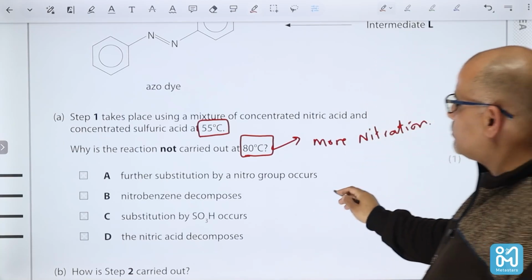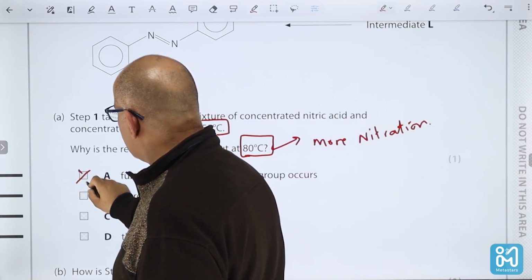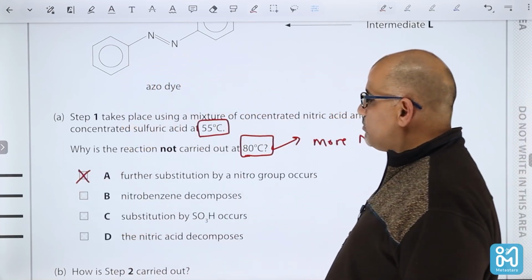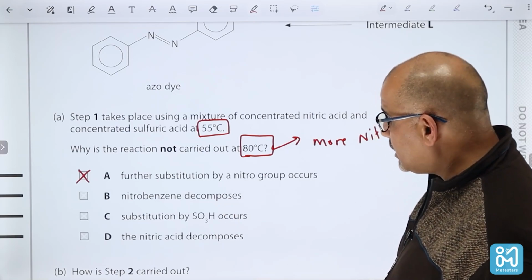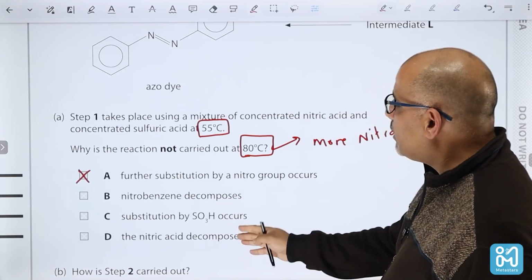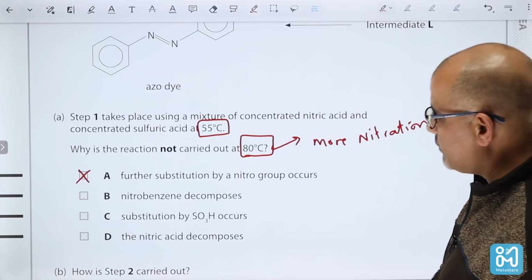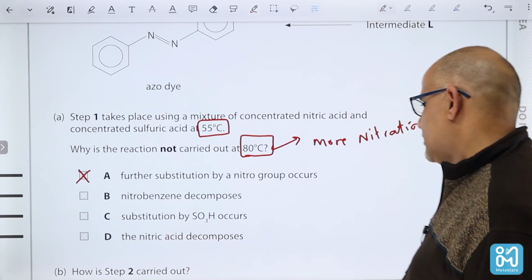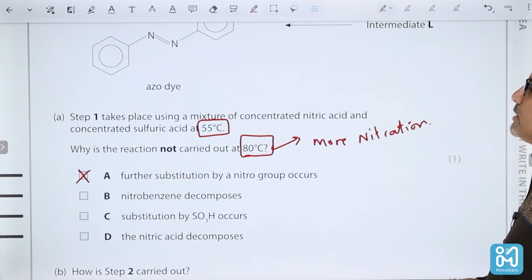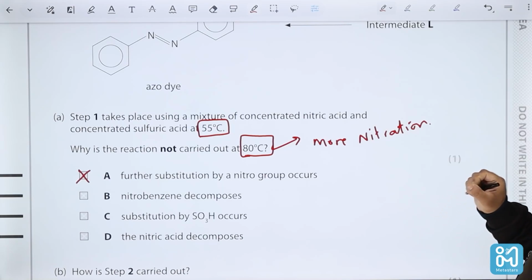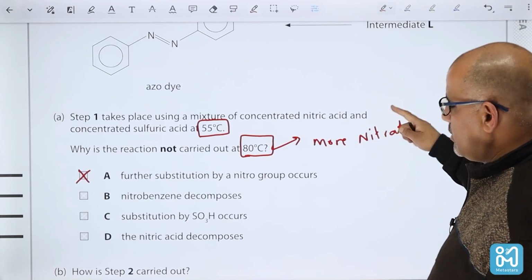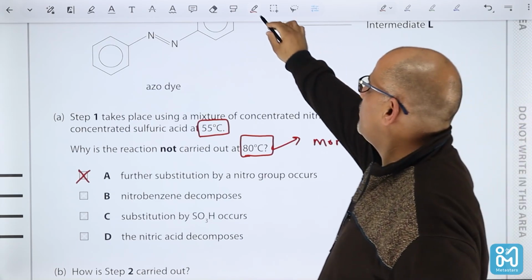So further substitution by nitro group will take place, not because the nitrobenzene decomposes and not because substitution by SO3 occurs, or desulfonation is taking place, although the nitric acid can decompose at 80 degrees. The most important idea is to prevent the further substitution of the product or of the reagents.